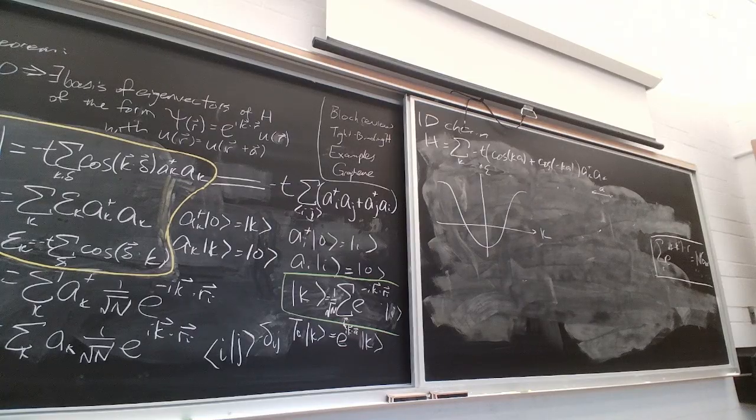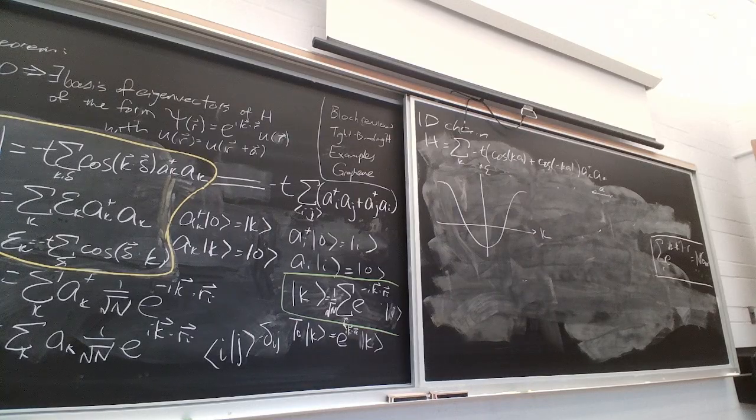Okay, and then we said, if I rewrite my Hamiltonian in this basis of states which are eigenvectors of the translation operator, hopefully that will be much easier to diagonalize. And in this case, we rewrote the Hamiltonian in this basis, and it was immediately diagonal, right? Without much effort.